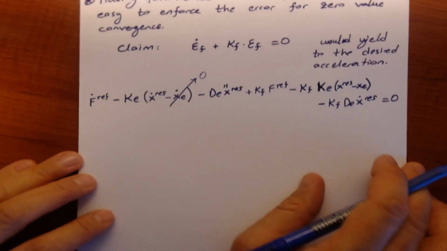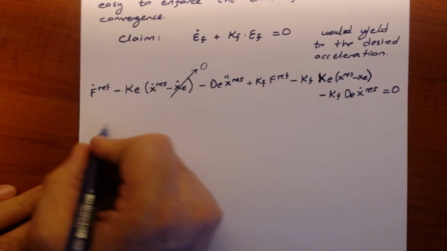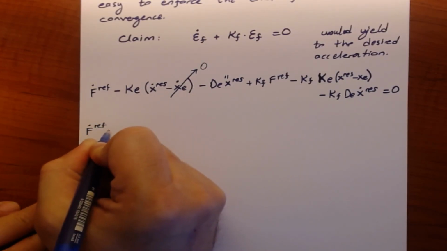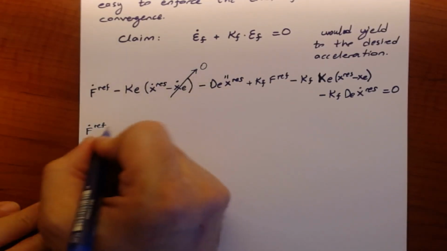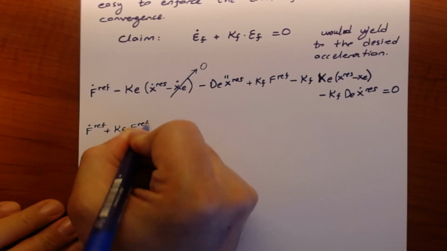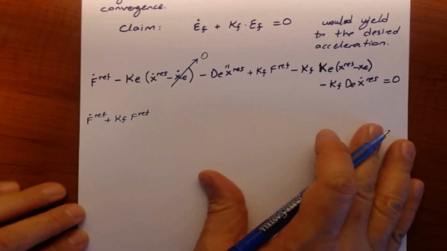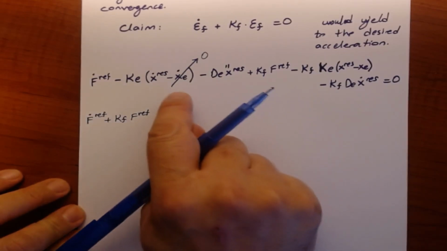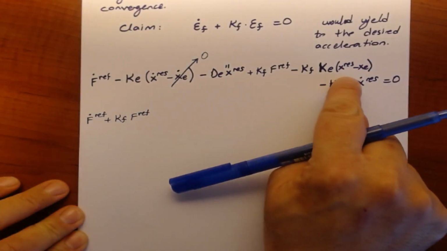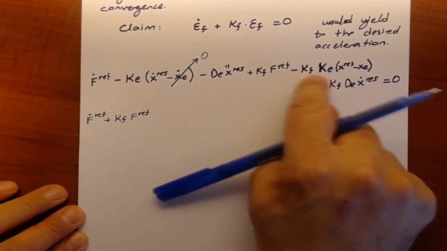I'll try to take this equation and bring it to an easier format. So we simply have f dot reference, and from this point plus kf f reference, right? So these two faded away, and we have here some terms that could be grouped. Let's start with the position term.